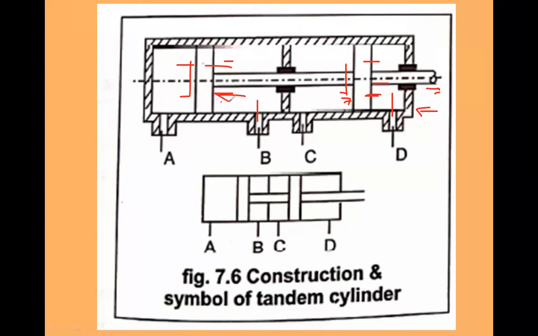Getting it? And it's a standard symbol. You can see here we have the cylinder, and for both the cylinders we have separate pistons, and both the cylinders are coupled to each other mechanically.